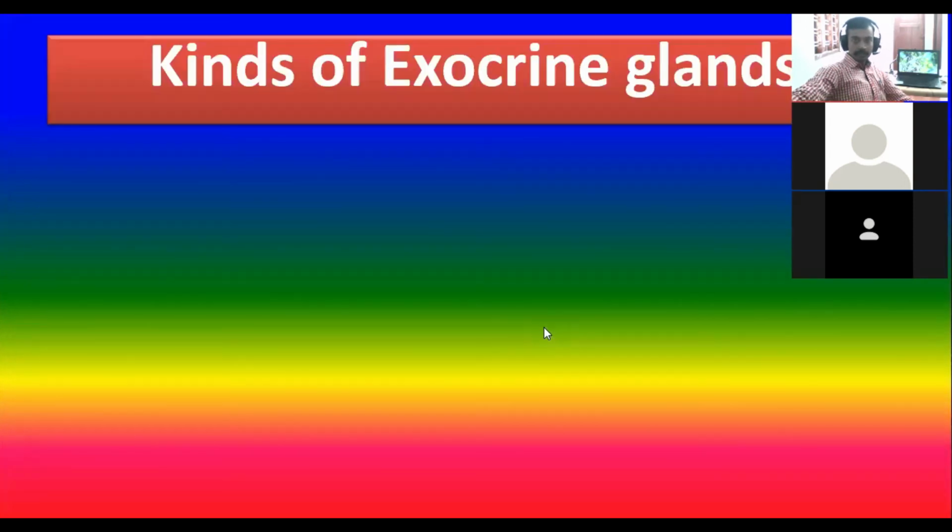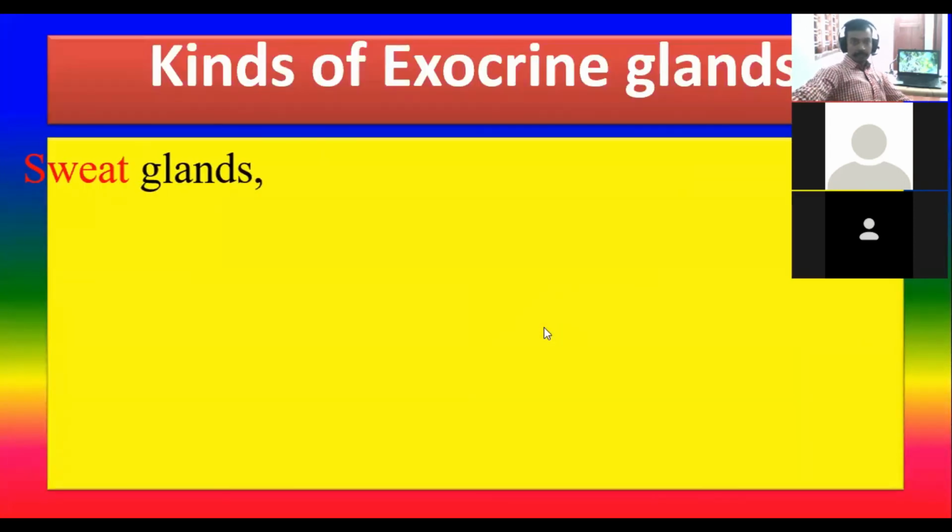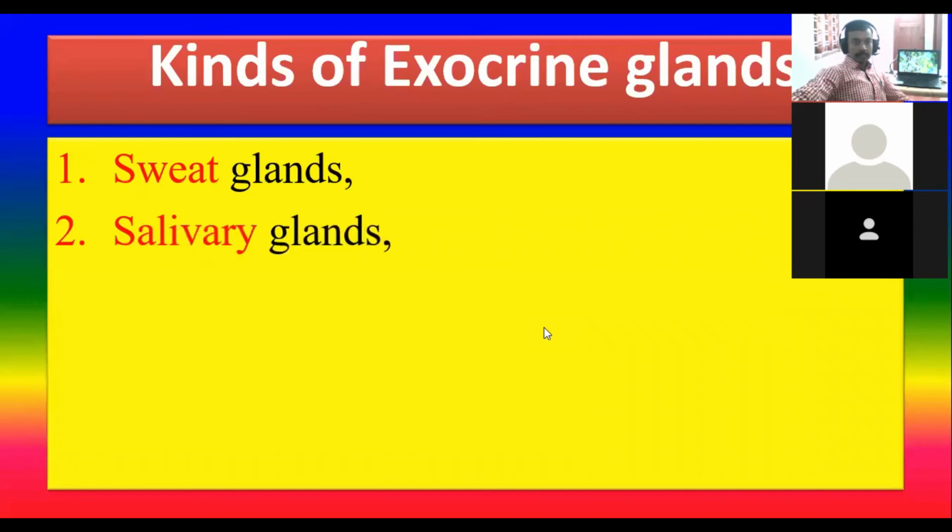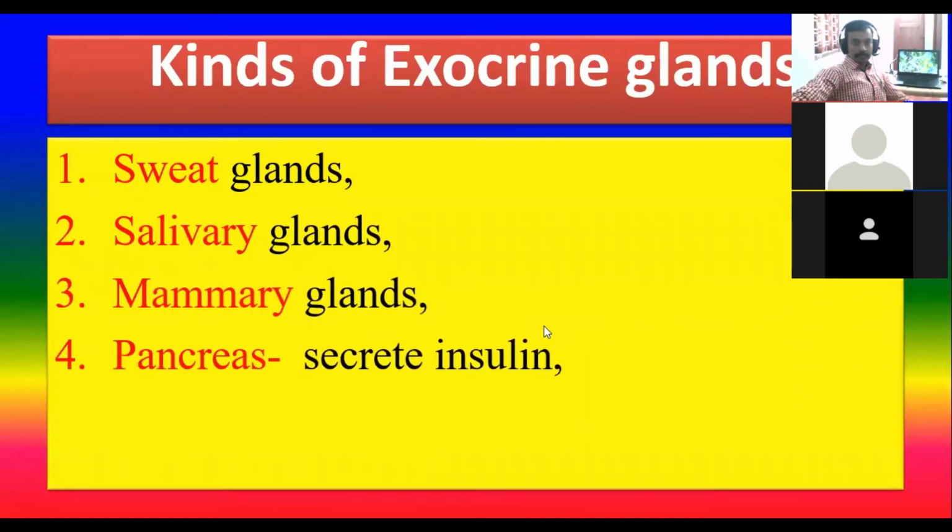And the kinds of exocrine glands: sweat glands, salivary gland, mammary gland. Sweat in skin, salivary in mouth, mammary in breast, pancreas, as we know, in the digestive system nearby the liver.